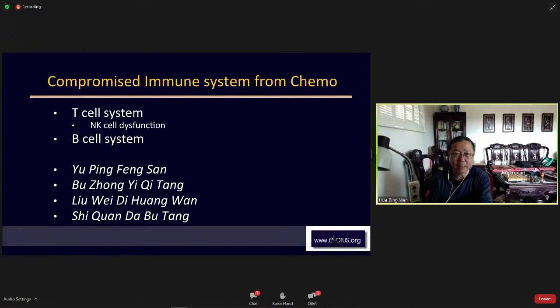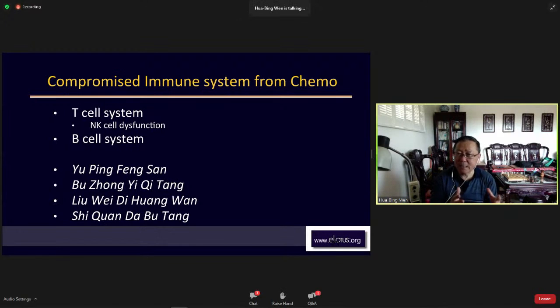Let's talk about the compromised immune system from chemo. There are two different types: the T lymph cell and the B lymph cell. The T lymph cell system includes the most important one, the NK cell, the natural killer cell.